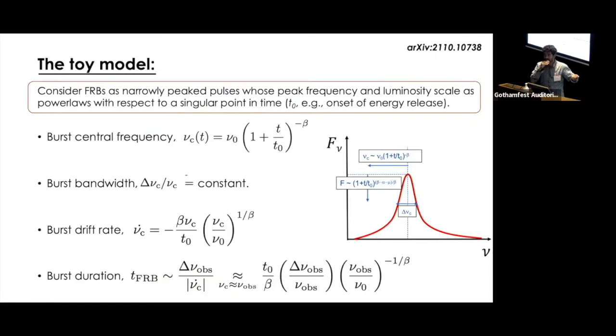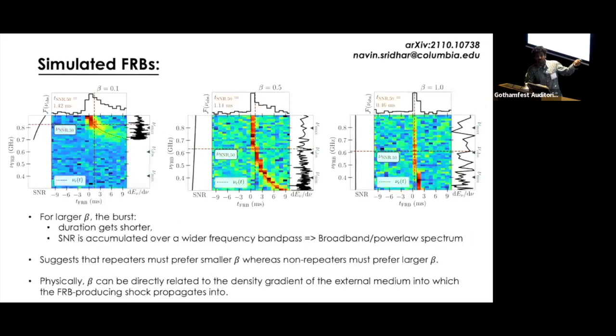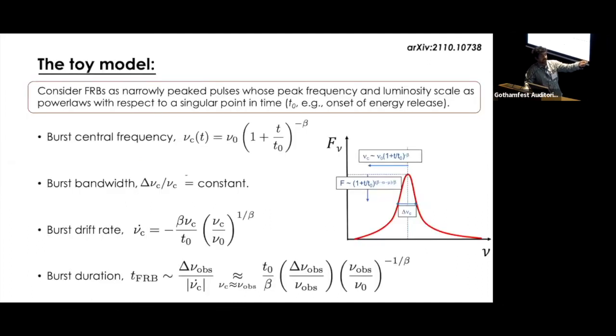It basically says that the central frequency drifts as a power law with time. So with this, we simulate some FRBs. These are all not real FRBs. These are computer simulated ones for different power law indices beta. Remember, these power law indices beta determine the central frequency drift rate with respect to time.